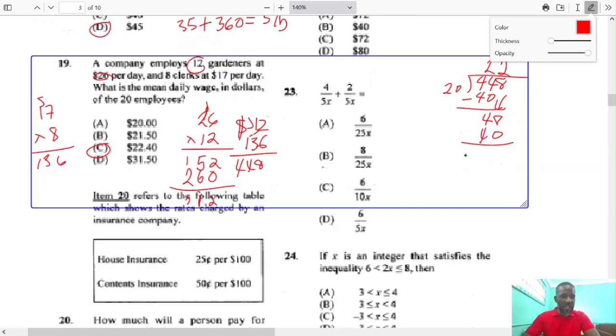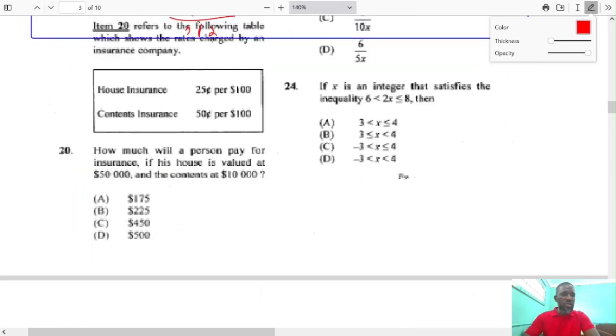Looking at the next question, it says item 20 refers to the table below. The house insurance is 25 cents per $100 and contents insurance is 50 cents per $100.